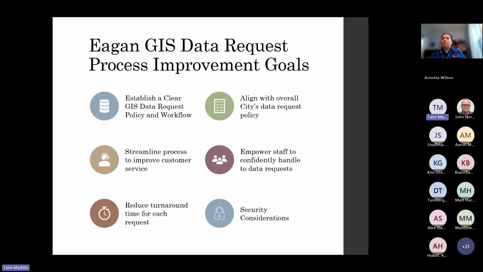And then also keeping in mind that, looking at some of the ways that we're doing things now, there might be some security considerations with the way that we're providing data or the data that we aren't providing, and making sure that we're able to honor the requests and at the same time keep the data safe and keep the security measures in place.